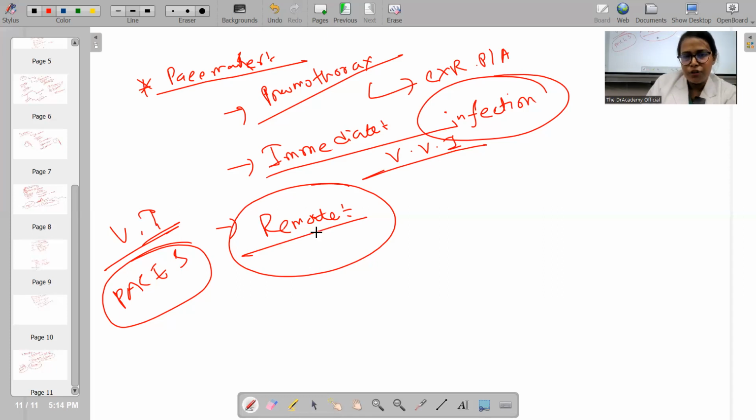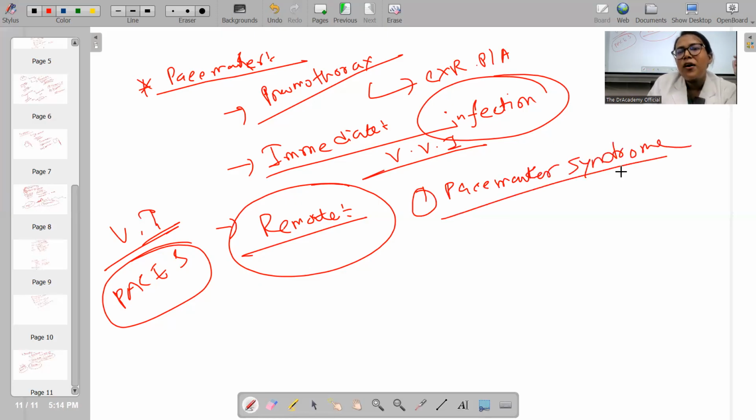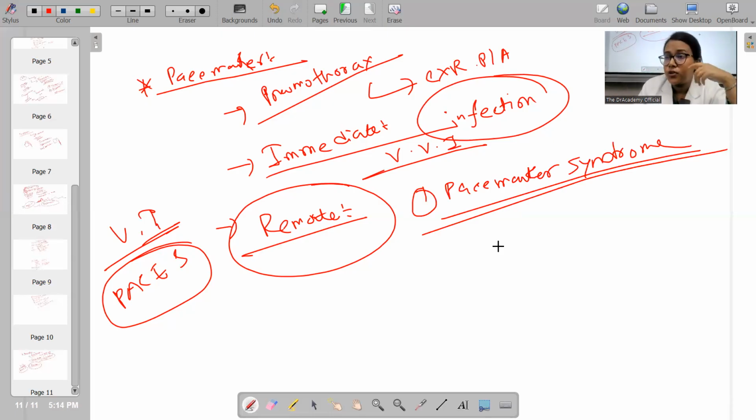following a pacemaker insertion. So one is pacemaker syndrome. I can give you the mechanism of how pacemaker syndrome works, but that is a bit complicated. So I'll just tell you, after a couple of years of having inserted a pacemaker, the patient is now complaining of shortness of breath, dizziness, leg swelling or features of heart failure. You should consider whether pacemaker syndrome is taking place or not, okay?